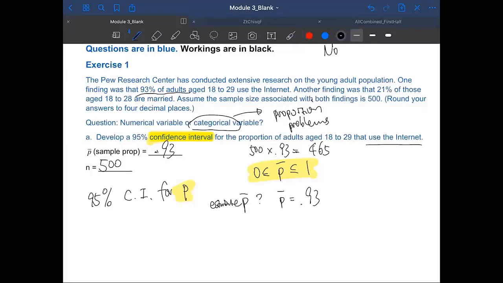You only estimate a quantity with a confidence interval or maybe point estimate if you don't know that quantity. And the quantity we don't know is P, population proportion. The proportion of the entire young adults population who maybe get married or maybe who use internet.